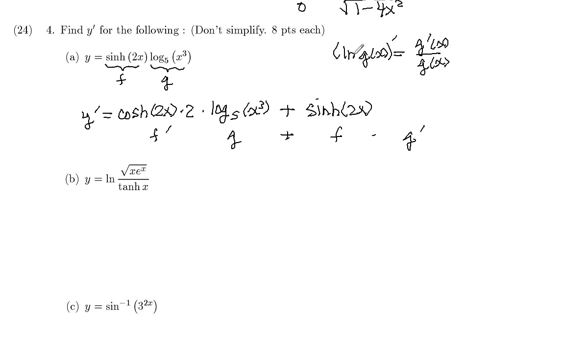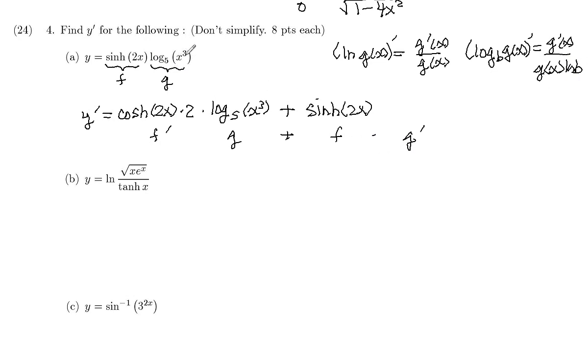And if it's a log with a different base, then you need to divide by the log of the base. So if you're doing log base b of a function g of x, the derivative is still g prime of x over g of x, but on the bottom you need the natural log of b. That's what we need to do to find this g prime.